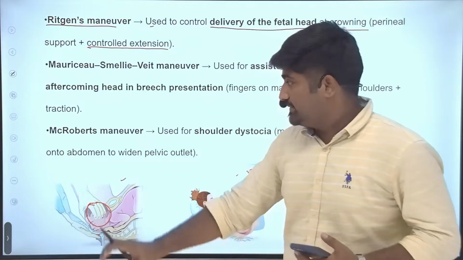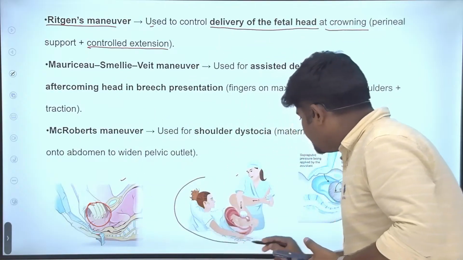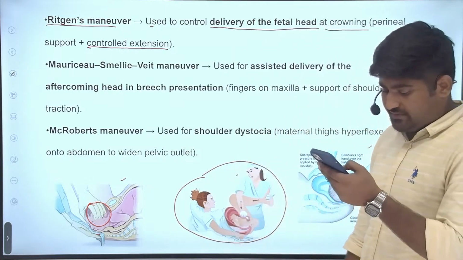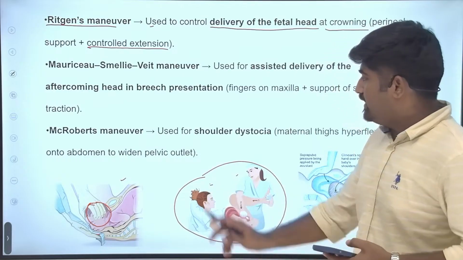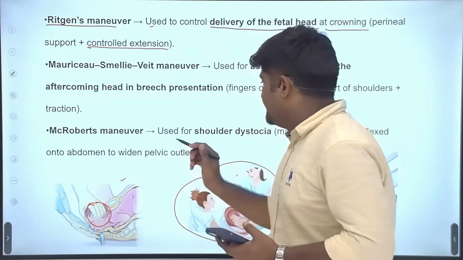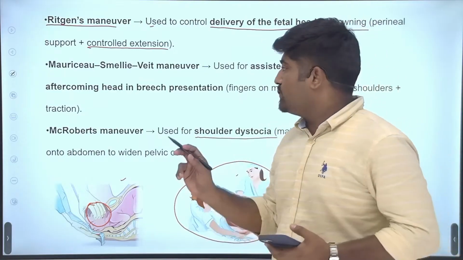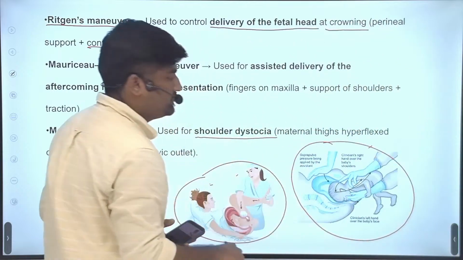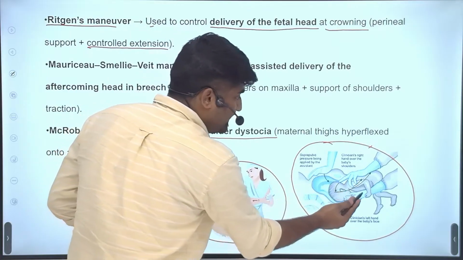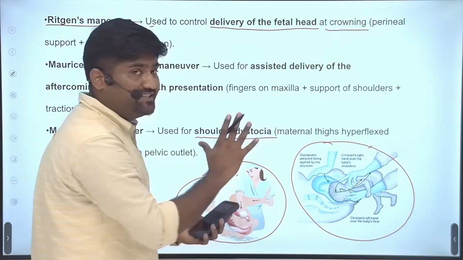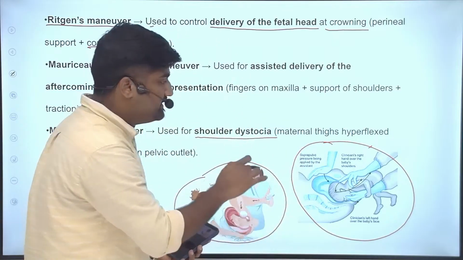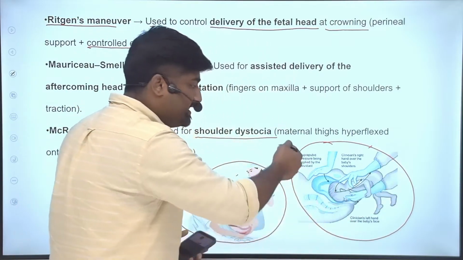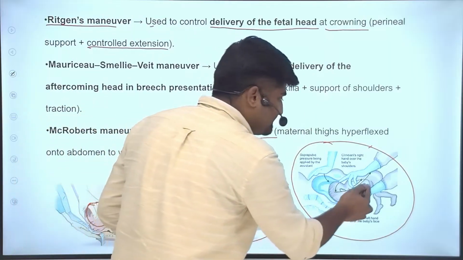Not hyperextension. Coming to this, what is this? Come on, tell me. Yes, it is McRoberts maneuver, especially for shoulder dystocia. Coming to this, what is this? Here, two clinical persons support during the delivery. Suprapubic pressure is given, as well as controlled traction, then the baby is delivered in a swing-through, that is upside manner.